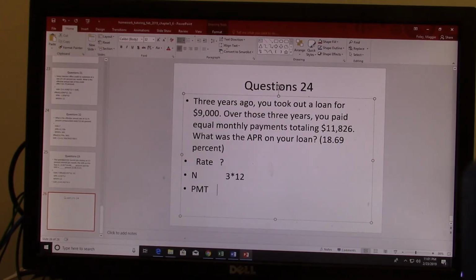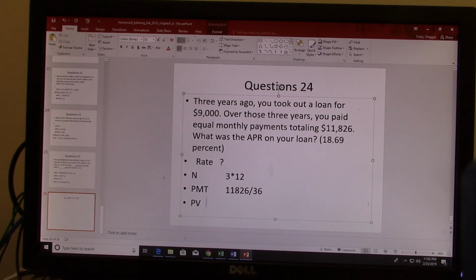The payment: you make equal monthly payments totaling 11,826, so we should use this number. Since we made 36 payments, we should divide that number by 36. That's our payment.